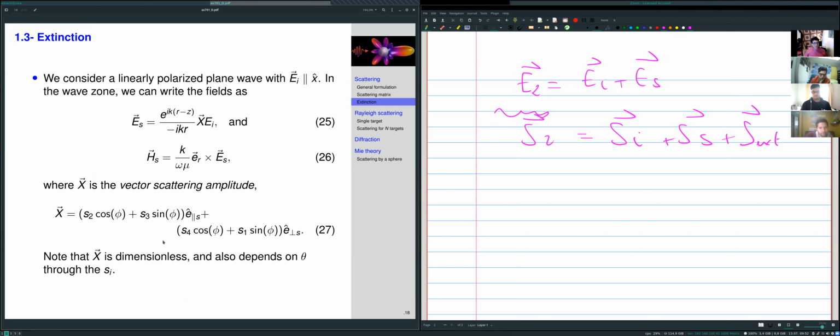To focus, we have a linearly polarized wave in this example, just to make a concrete example here.